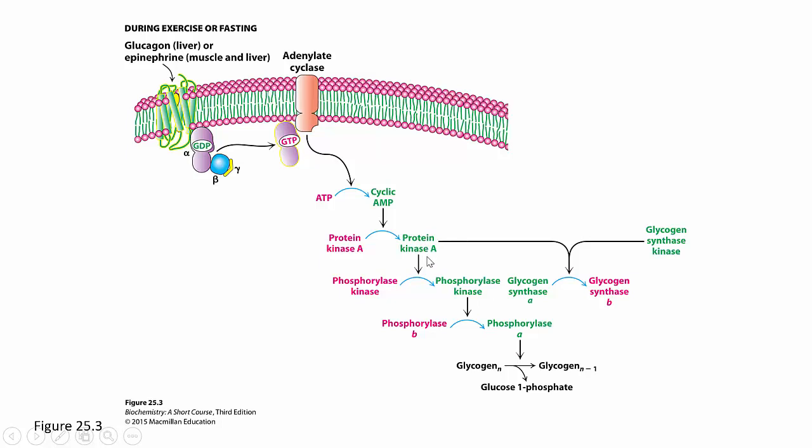Since glycogen is being broken down, it's also important to note that glycogen synthesis has to be inhibited. So protein kinase A and glycogen synthase kinase, or GSK, are going to phosphorylate glycogen synthase, turning it off. Okay?